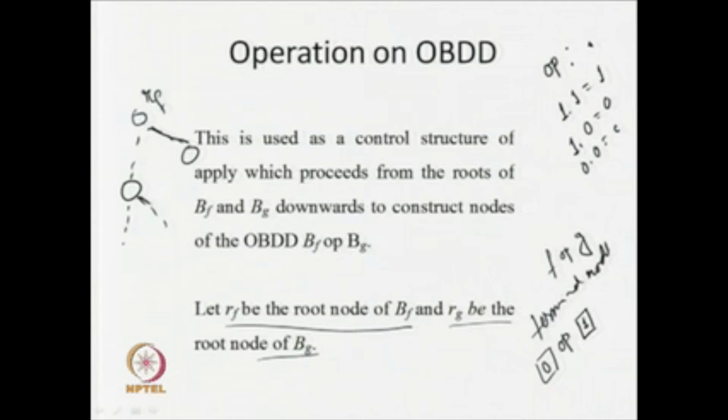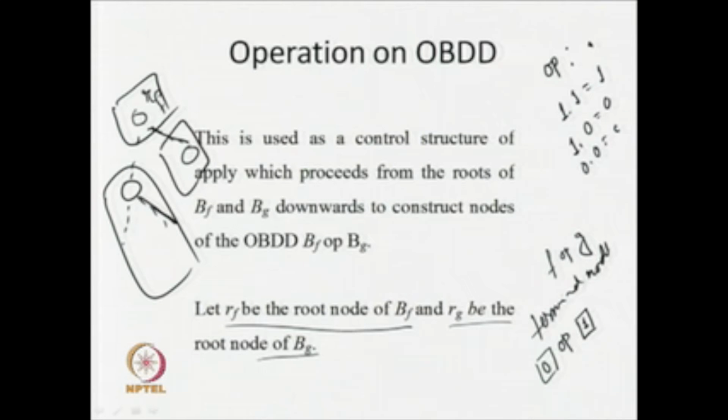Now, I can apply it at any level. Once I take the decision over here, I have to look at these two sub BDDs. When I come to these sub BDDs, I will say that this is my root node RF. So, that is why in general I say let RF be the root node of BF and RG be the root node of BG.